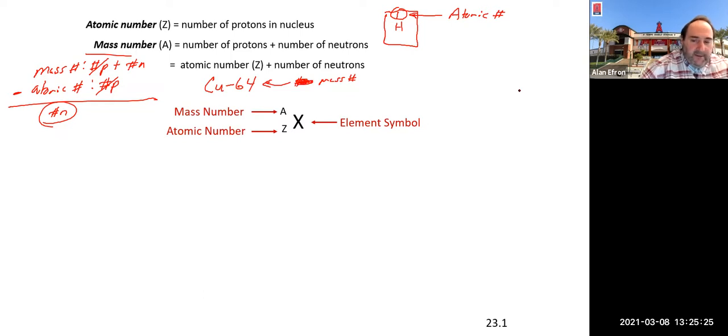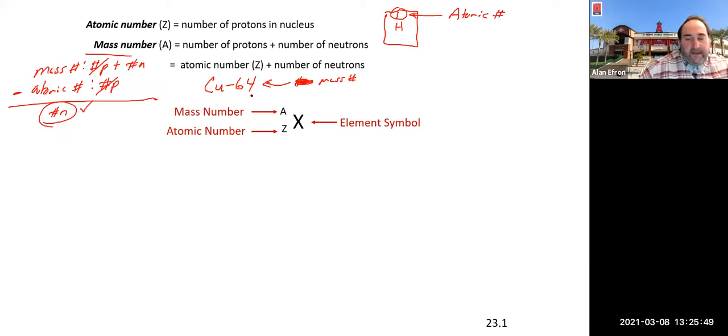Also a good reminder, isotopes are the same element, but they have different masses. The reason they have different masses is the number of neutrons. Also a good reminder, since I put hydrogen up there, hydrogen is the only element that has only a proton and an electron and no neutrons.